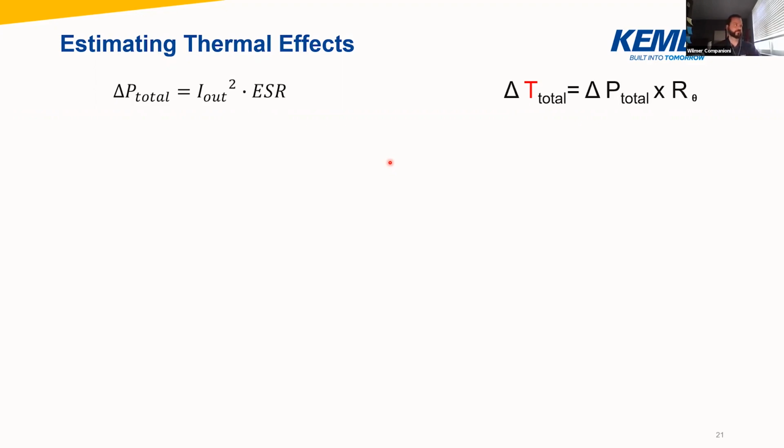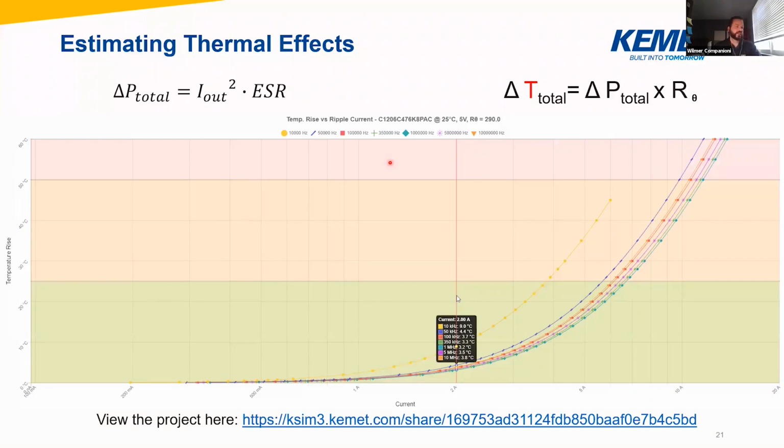So the square of the output current multiplied by the ESR is the total amount of power dissipated, and then once again multiplying that by the coefficient of thermal resistance is the resultant self-heating of the capacitive element in this case. And that is also something that can be estimated using our design tool KSIM that you can explore by following the link on that project there.